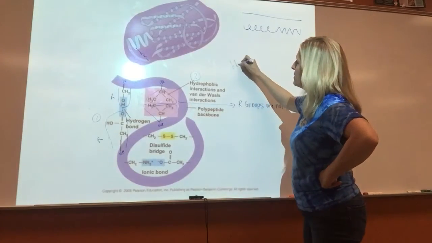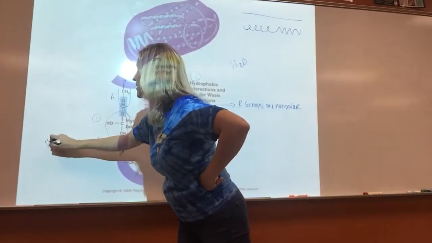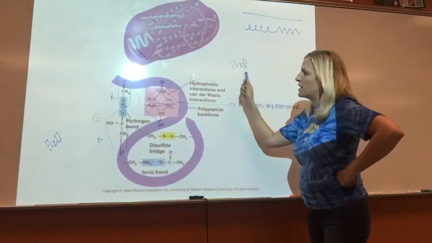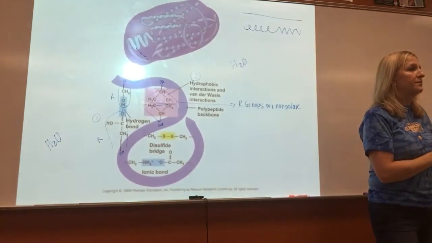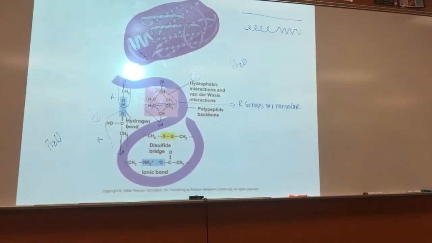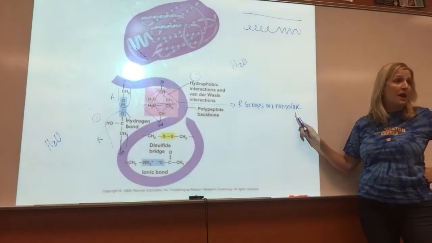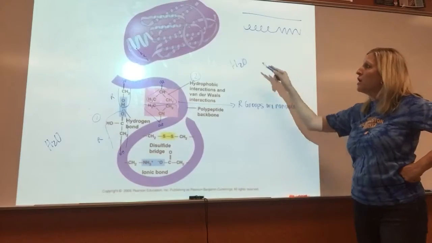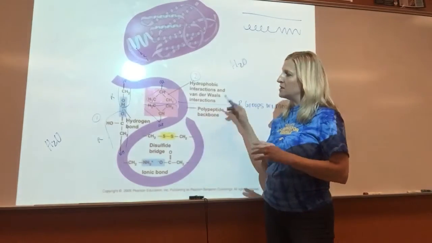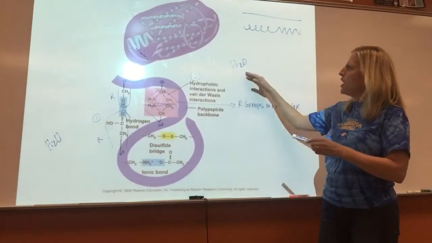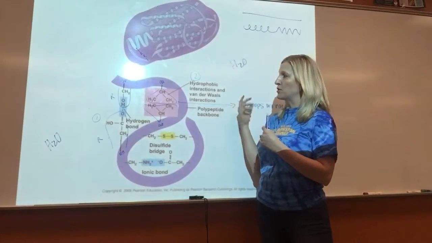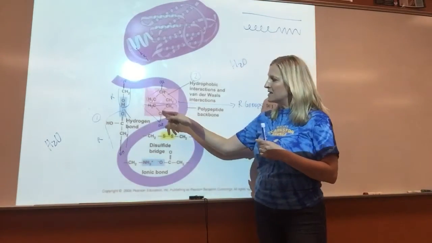So let's say we have water, all right, just water molecules out here. Is water gonna want to have anything to do with those R groups? No, it's not attracted at all because they're nonpolar, which means that they don't have a charge. So when you put a protein into water, the water will be attracted to the polar parts of the molecule, but not to the nonpolar parts.